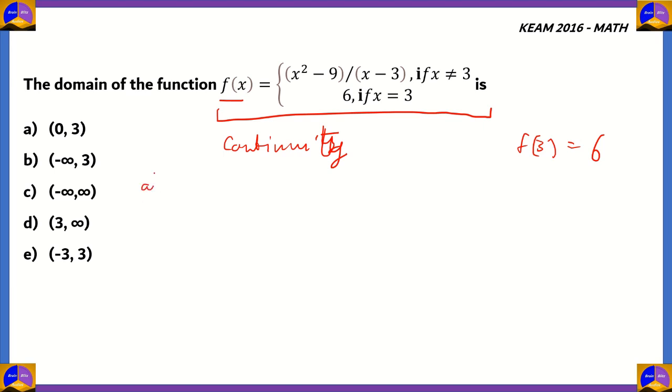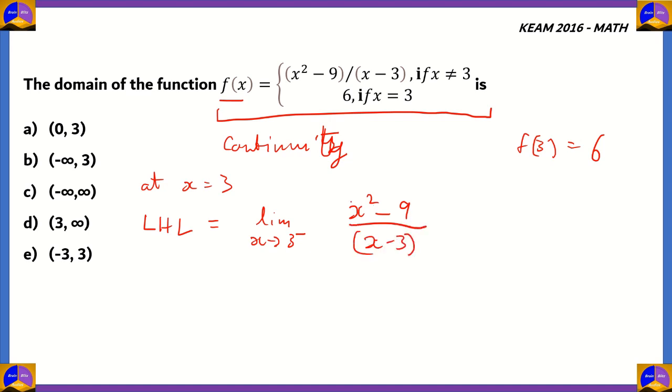At x equals 3, let's find out the left-hand limit. The left-hand limit will be limit x tends to 3 minus, and we put in the function for x not equal to 3. That is x squared minus 9 divided by x minus 3. Now you can see that the numerator is a difference of squares.